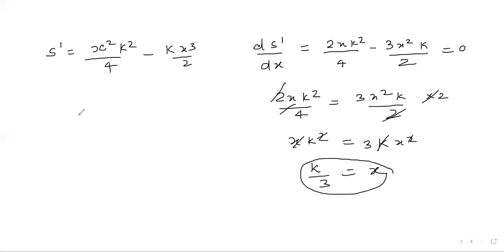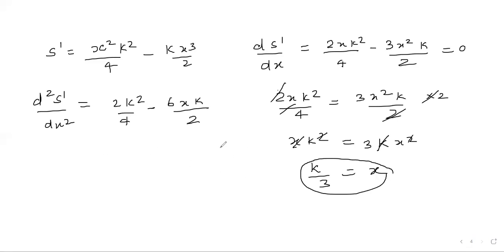Now we find the second derivative. So if we differentiate this, d2S dash divided by dx2 equals 2k square by 4 minus 6xk divided by 2.